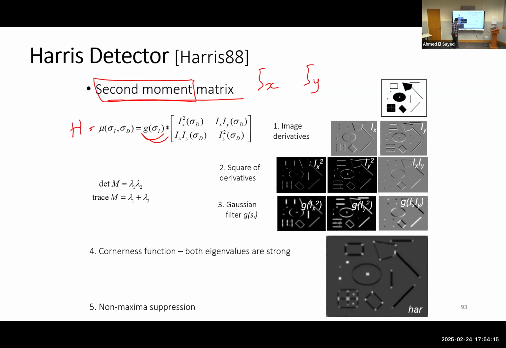After that, I'll calculate the H matrix. For the H matrix, I'll calculate the determinant and the trace. Again, I don't have to do this through the eigenvalues.